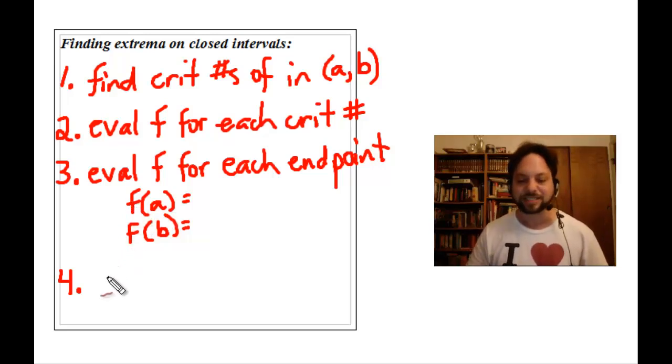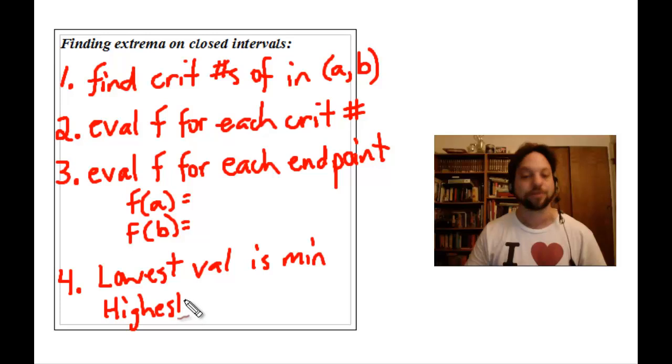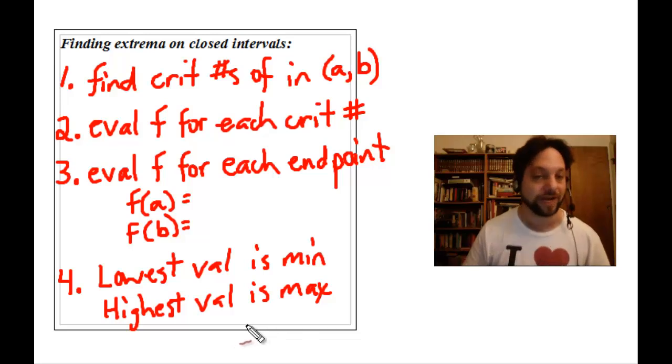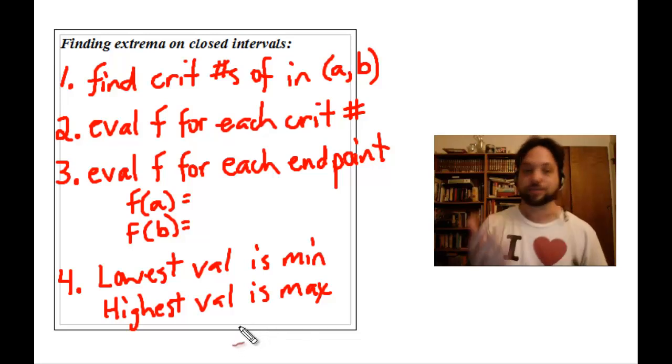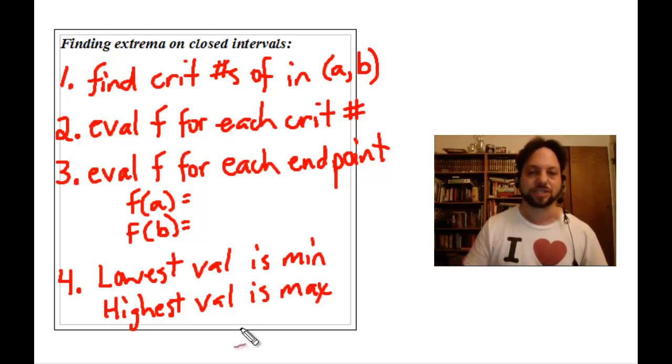And from that list, the lowest value is, of course, the min. And the highest value, which makes perfect sense, is going to be the max. And now, that's our procedure for finding these extrema. It's very easy. Identify all possible candidates, check each possible candidate, and then make your decision from there.